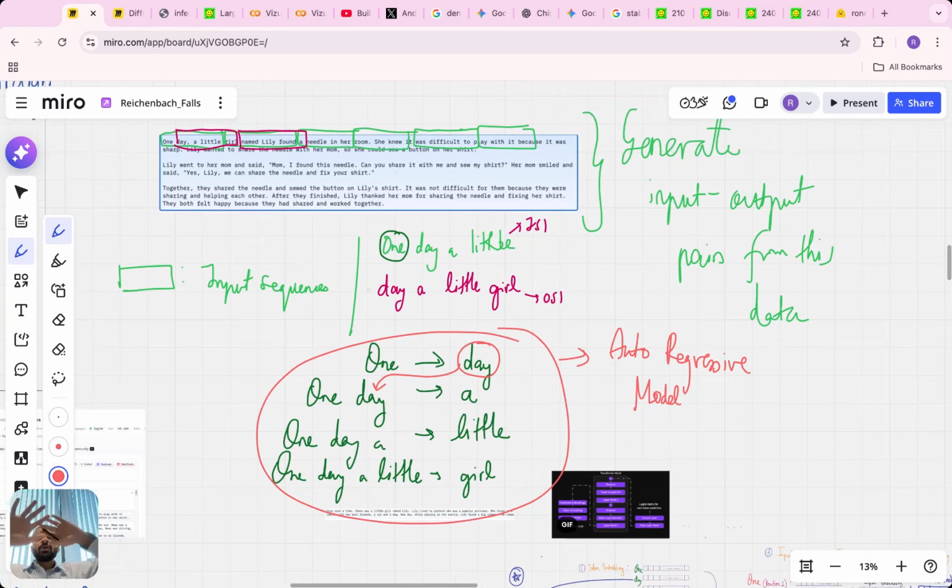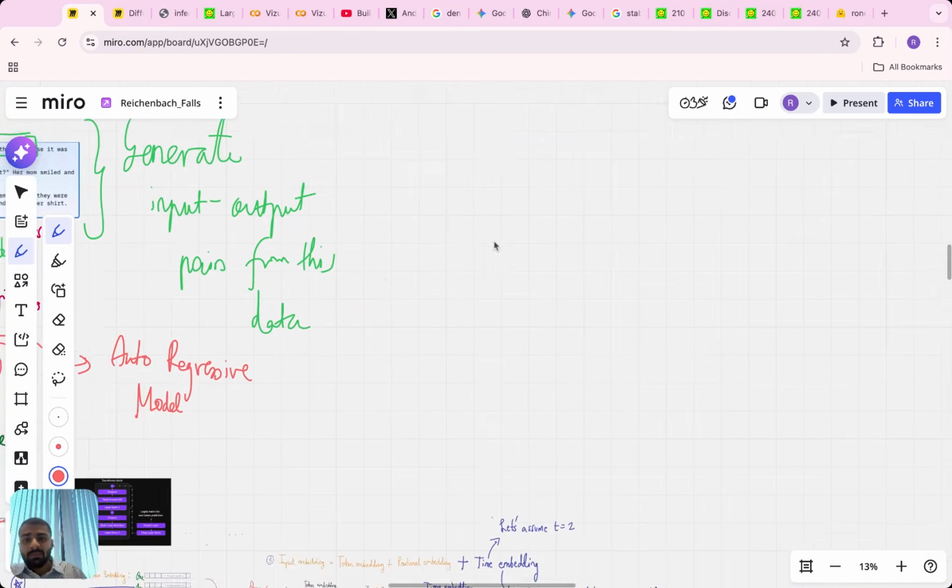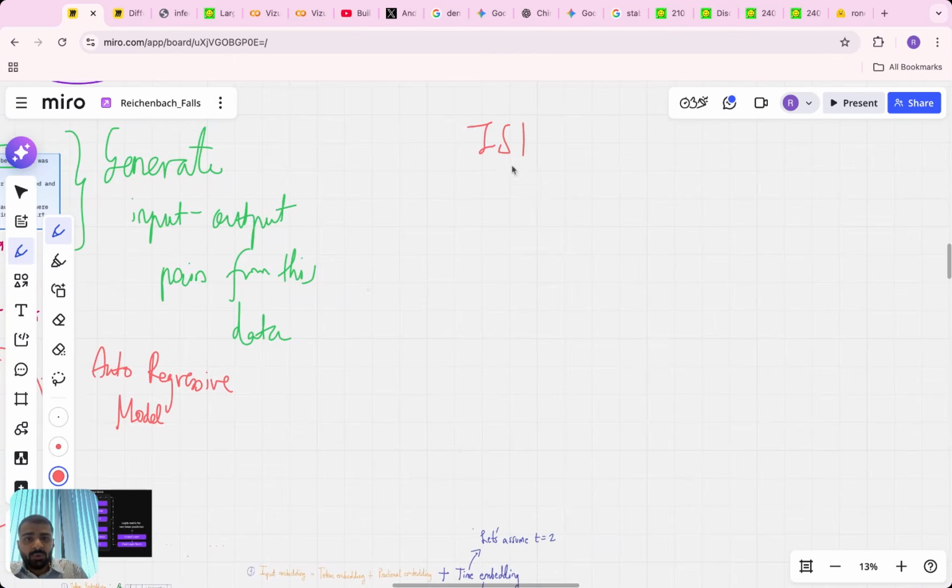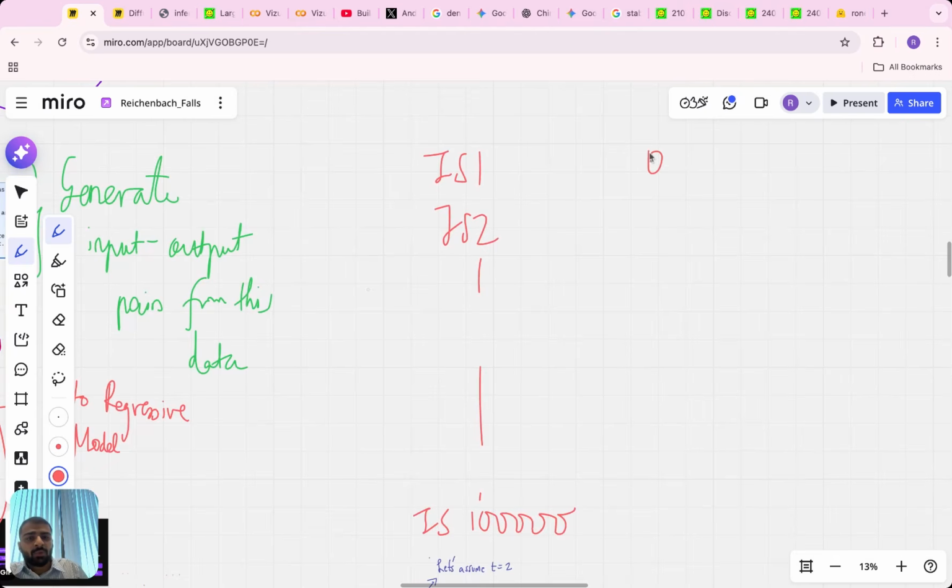So imagine the huge data set which we had, 2 million rows. That's split into, let's say, input sequence 1, input sequence 2, up to input sequence 100,000. We have output sequence 1, output sequence 2, up to output sequence 100,000.